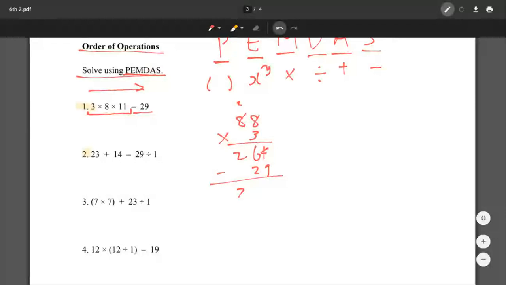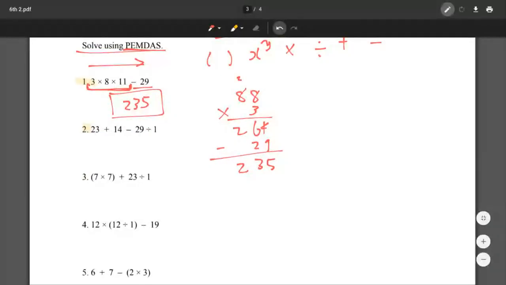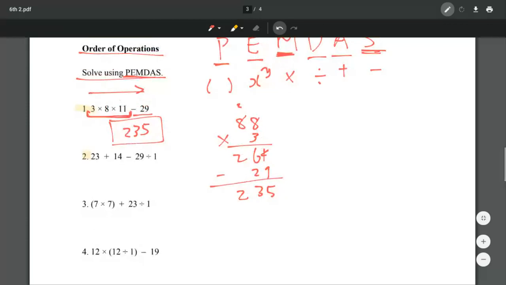And we get 235. Okay? So notice how I did the multiplication first, right? Because multiplication comes before subtraction. Okay? So that's our answer.